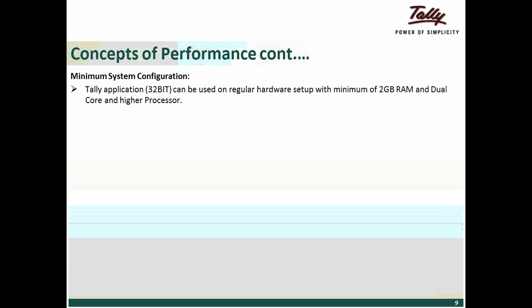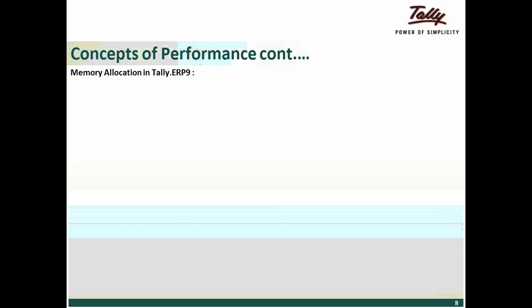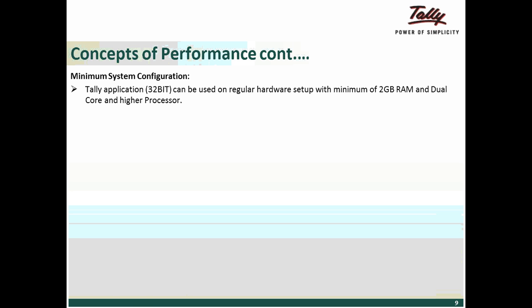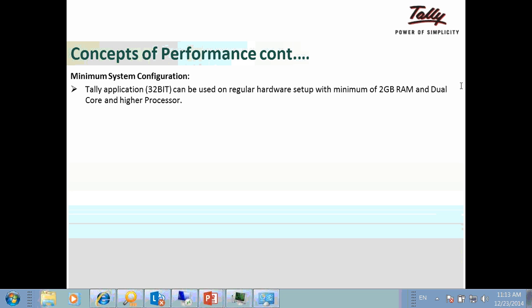A Tally 32-bit application can be used on a regular hardware setup with a minimum of 2 GB RAM and a dual core or higher processor.